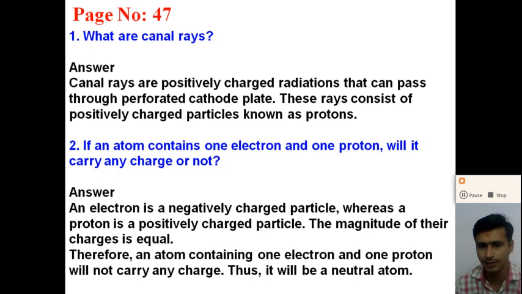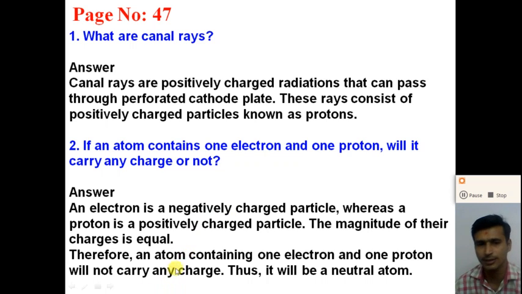The magnitude of the charge on the electron and the charge on the proton are the same, but the charge on the electron is negative and the charge on the proton is positive.